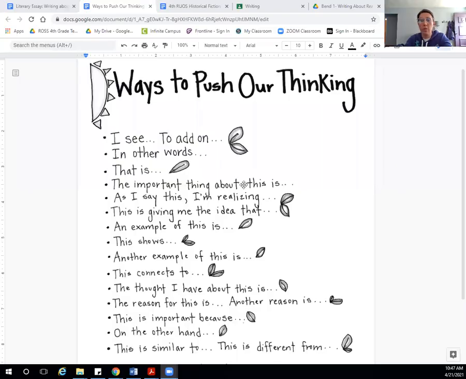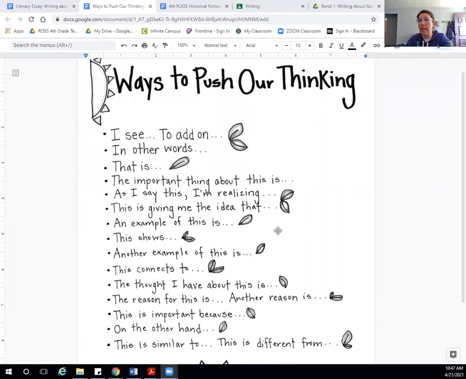Today, we are going to really anchor back to elaborating on our ideas or our thoughts using the writing prompts or the sentence stems in this unit. As we have used before, we have this "Ways to Push Our Thinking" poster.